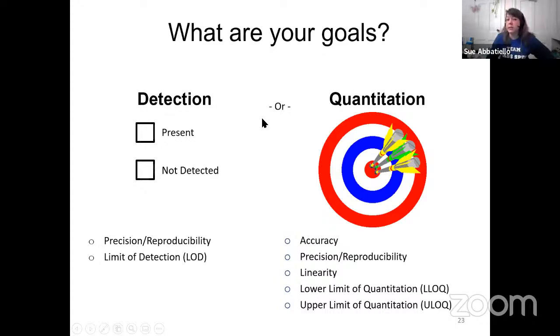Are you simply looking to detect something and see if it's present or not detected? Or are you trying to quantify discrete changes in samples, in which case your number of figures of merit, like accuracy and precision and linearity, you need the information to calculate these.